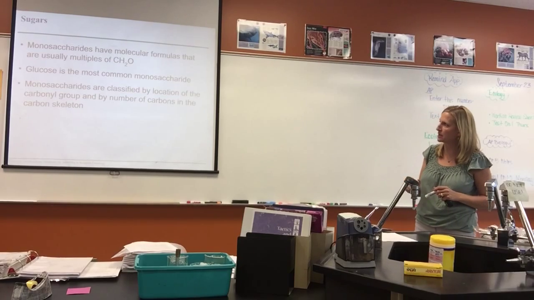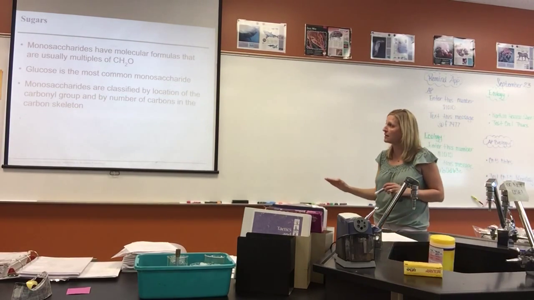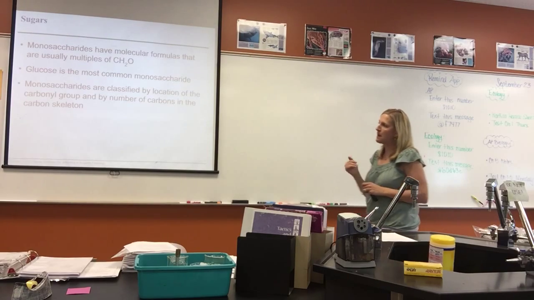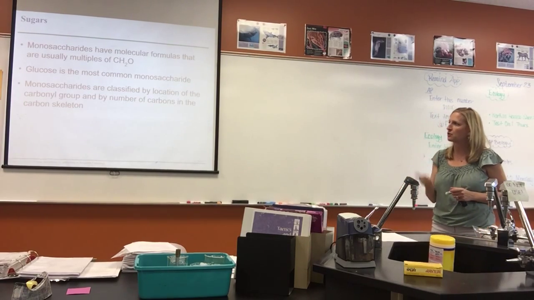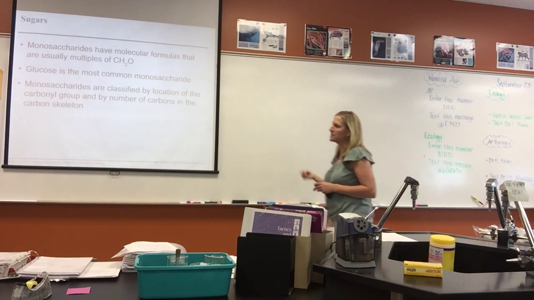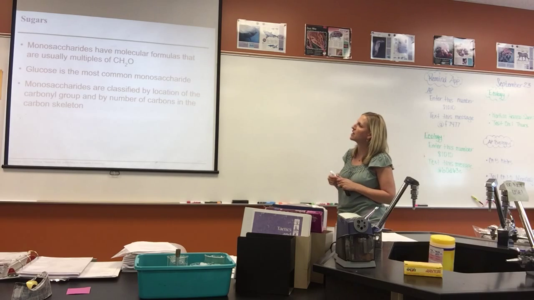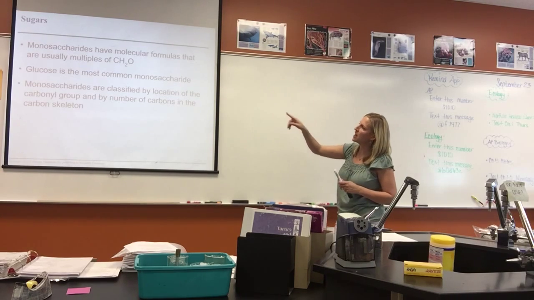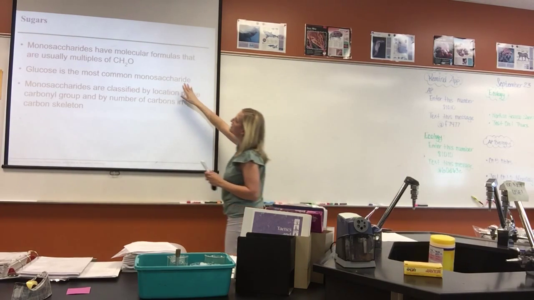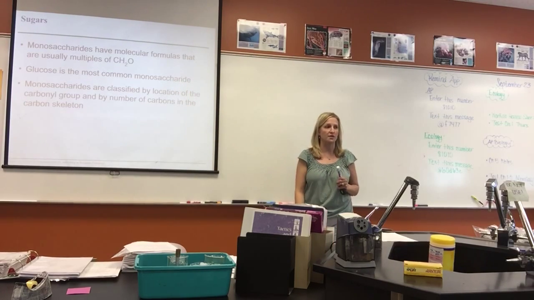I'll give you an example here in just a second. Glucose is the most common monosaccharide that we'll talk about. Monosaccharides are classified by the location of their carbonyl group and by number of carbons in the carbon skeleton. So where the carbonyl group is and how many carbons long they are. So let's talk about glucose for a second. Raise your hand if you remember from biology the formula for glucose.